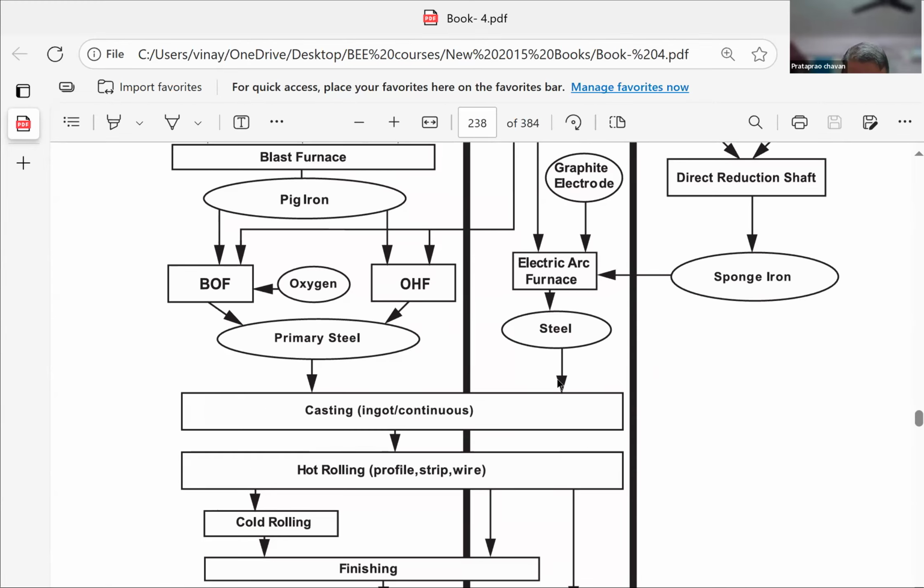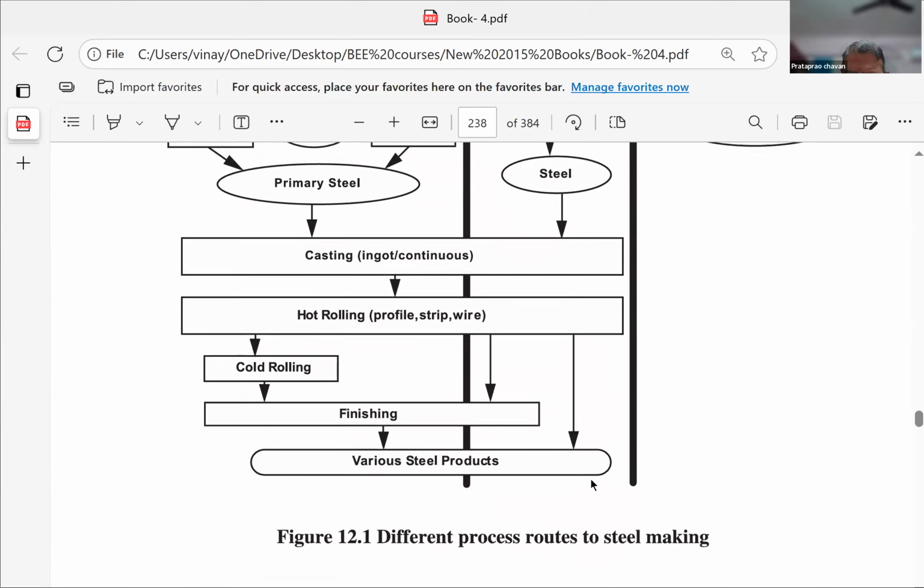Now, casting of this steel is shown at the same level. Whatever primary steel casting is converted into big chunks of iron, the same chunks can be produced from the electric arc furnaces. And both these steels can be used for hot rolling, cold rolling, and then finished products.